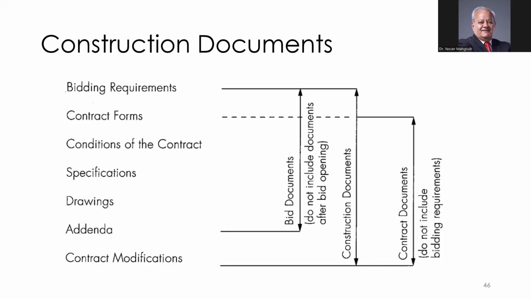The construction documents include everything that happens in the project. And the contract documents do not include the bidding requirements. These are the contract documents that are signed between the client and the owner.